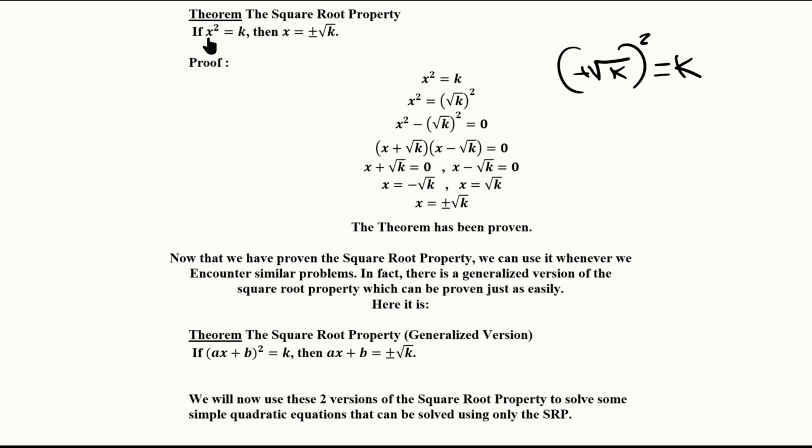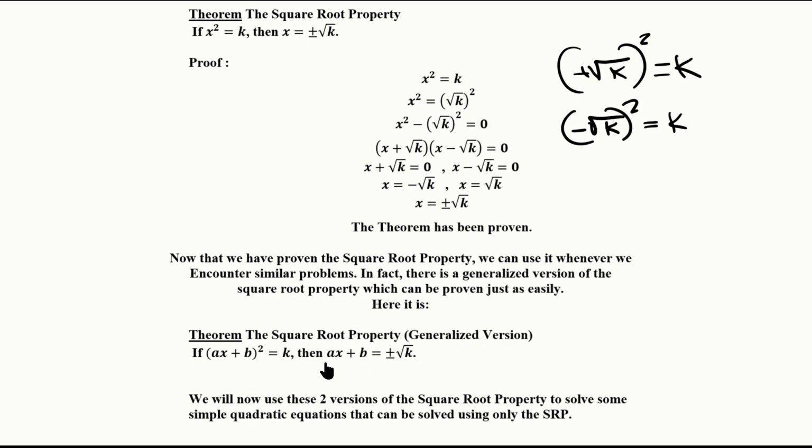In other words, it's an x value that if you square, you get k. And also notice that if you take the negative square root of k and square it, you also get k. So do learn the square root property, not just in the formal sense, but also the fact that it's just pure common sense. And same way here, you see.